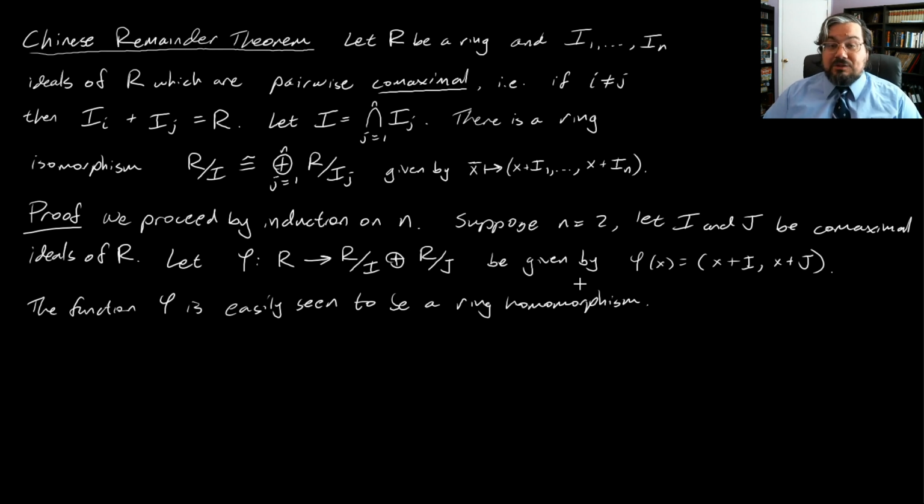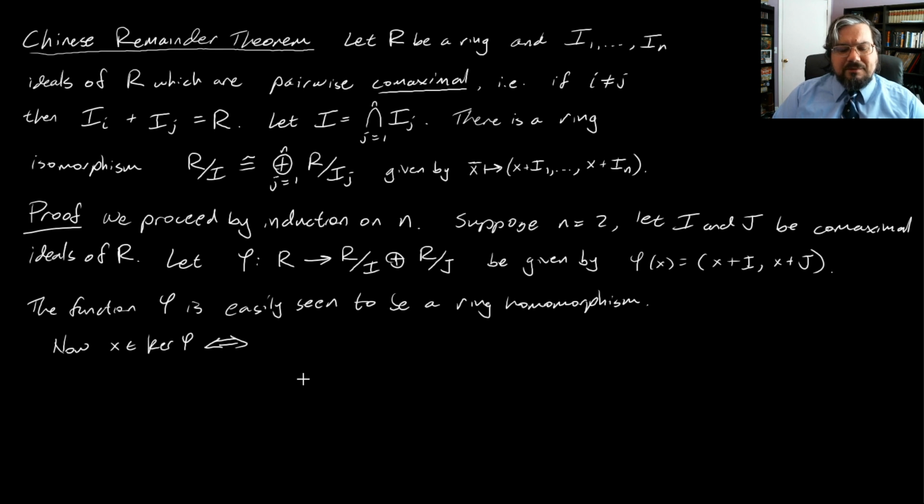So, let's get into the more interesting part, which is showing that phi is surjective and identifying what its kernel is. Let's do the second part first and handle the kernel. Now, x is an element that belongs to the kernel of phi.